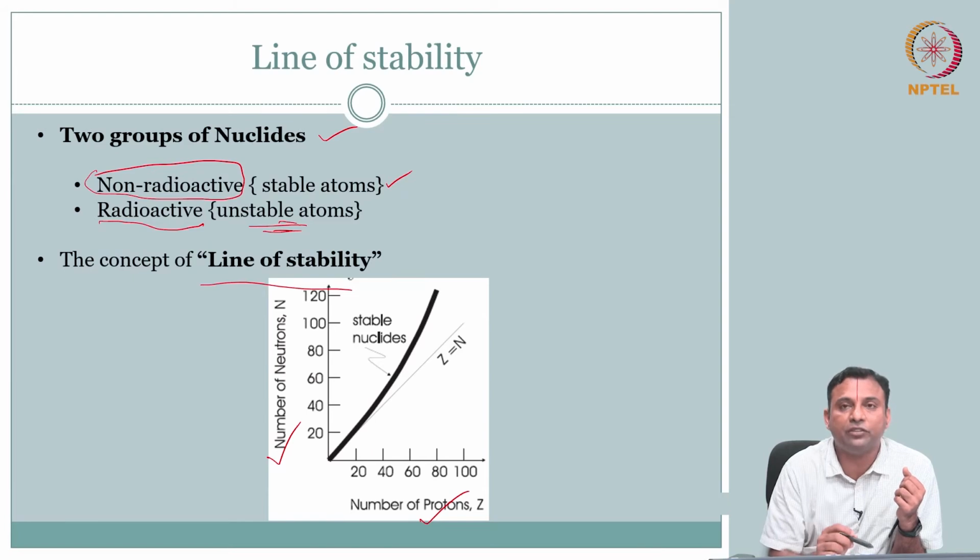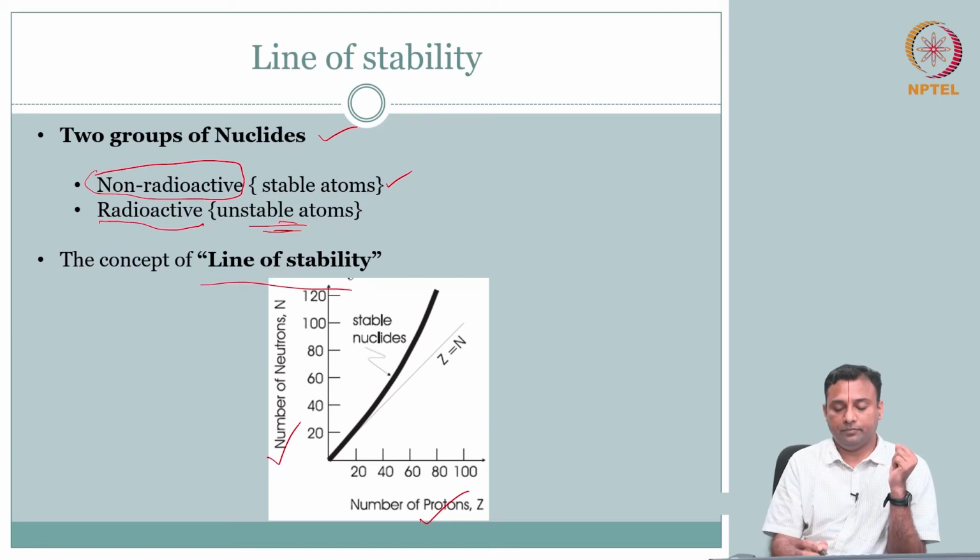Even though it is called the line of stability, it is not a line. It tells how many more neutrons I should have for a given number of protons so that the nuclide is stable. In some sense, this is the line Z equal to N. Stable means having more neutrons than protons as you increase the mass number.